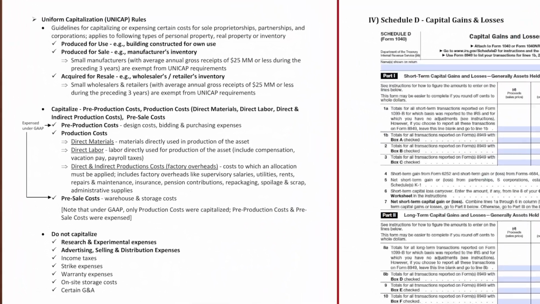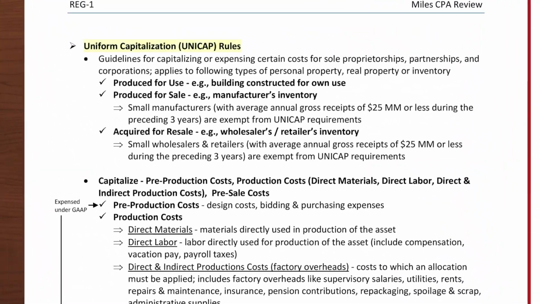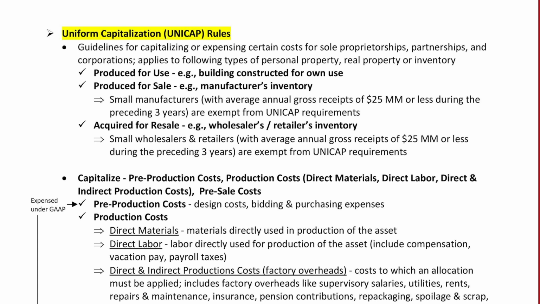On page 36, we've got highlight UNICAP or the Uniform Capitalization Rules, which applies to property produced for use. For example, highlight building constructed for own use, property produced for sale. For example, highlight manufacturer's inventory, or property acquired for resale.